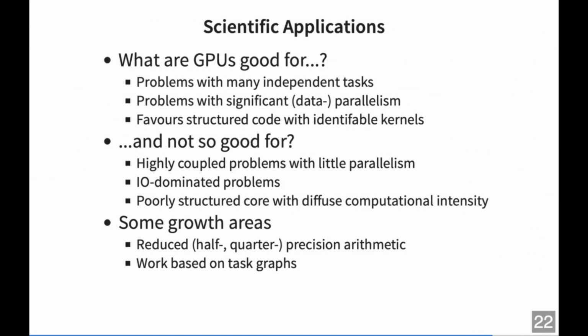So in terms of what type of application a GPU could be useful for, again, I cannot stress this point enough. You must have significant parallelism, usually data parallelism.